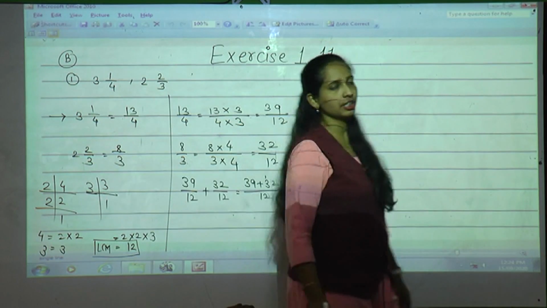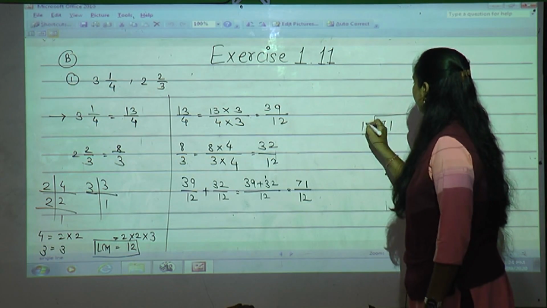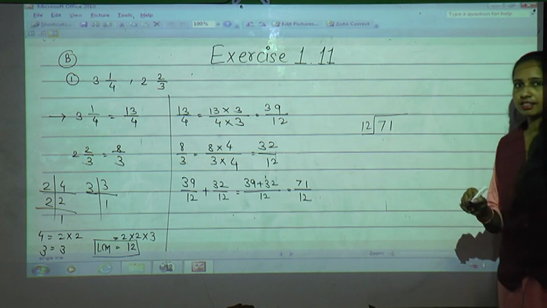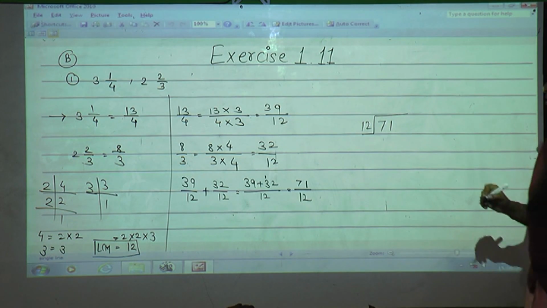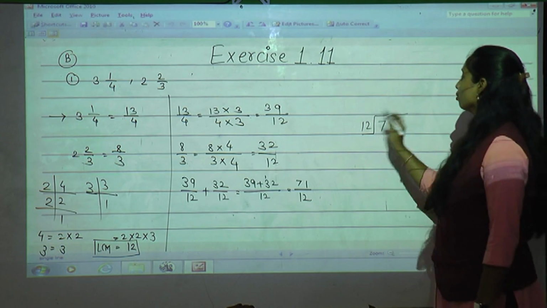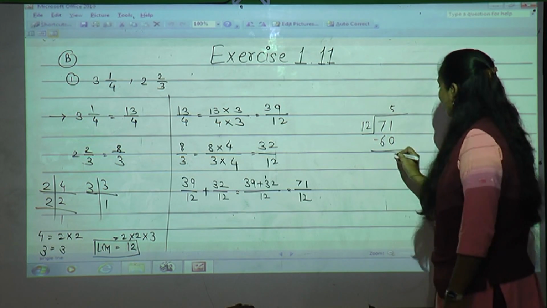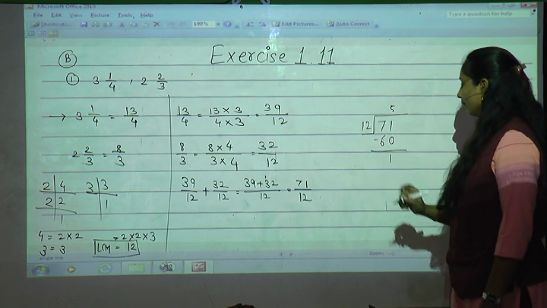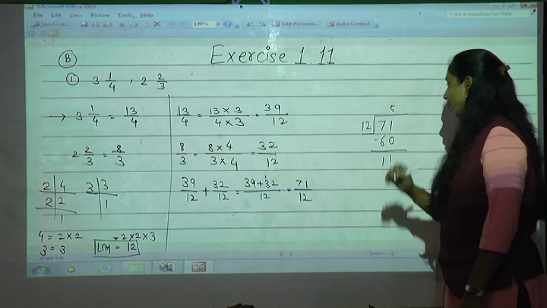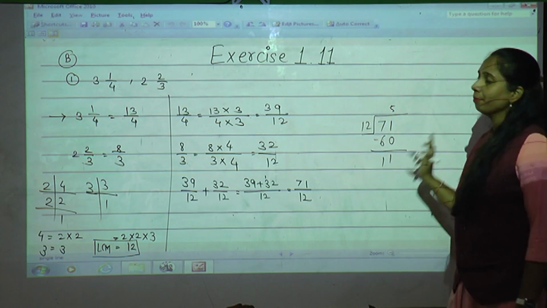I will do the rough work here of the division. Now see in 12 table 71 is there? No, 12 6 are 72 but we want less than that. So 12 5s are 60. Now 1 will remain as it is, 6 minus 1 is 1. So 11 will remain as it is because we cannot subtract 12 from 11.